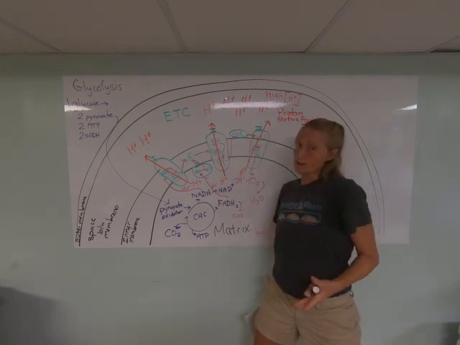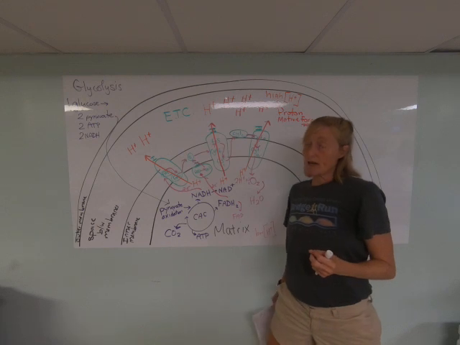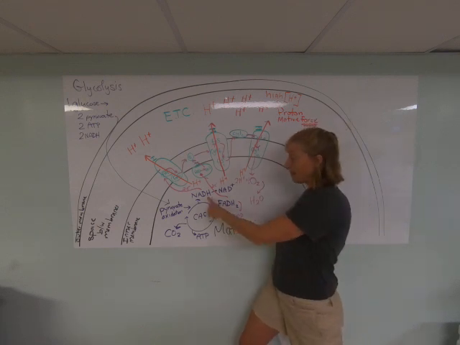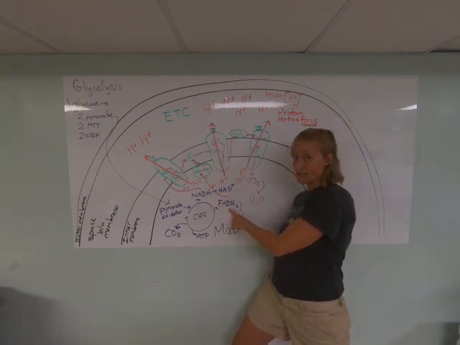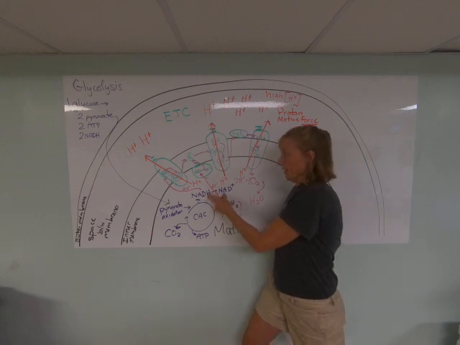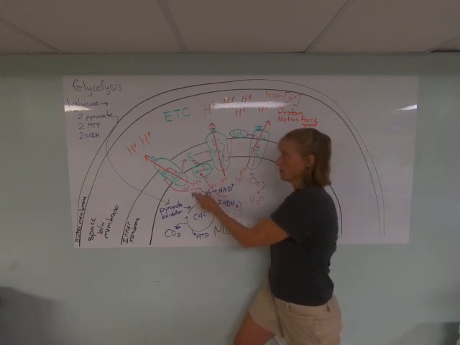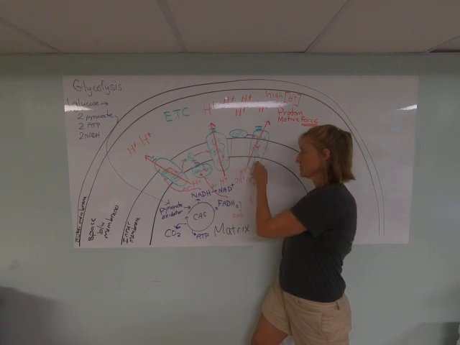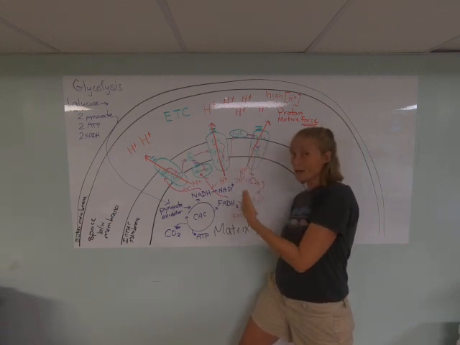So what's cool about the electron transport chain is it's essentially a way to tap into the energy in NADH and FADH2, tap into those high energy electrons, use those high energy electrons to release energy slowly.